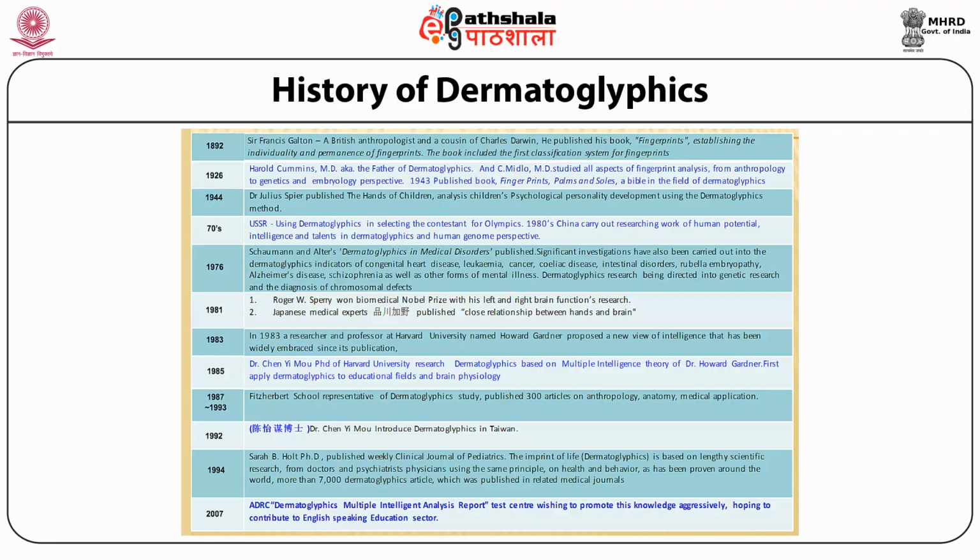Then we see in 1994, Sarah B. Holt, another leading dermatoglyphics researcher from the USA, who tried to study dermatoglyphics in psychiatric problems, in medical and health problems, and he published more than 700 papers on dermatoglyphics related to psychological problems and different health and behavior.